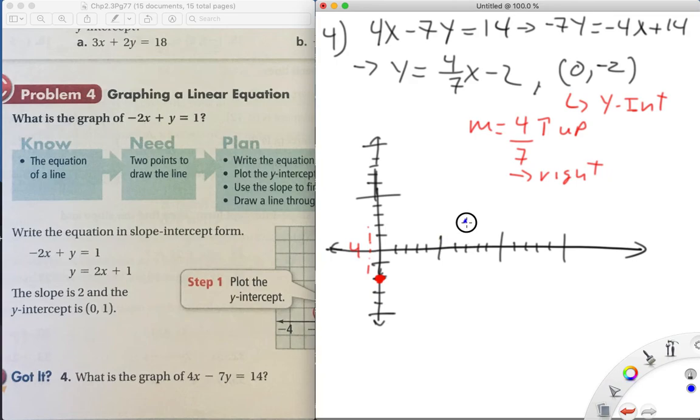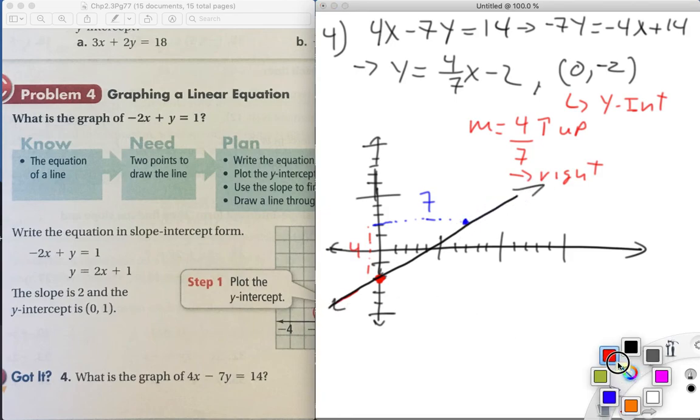Up 4 and to the right 7. So then I can connect my dots. Okay?